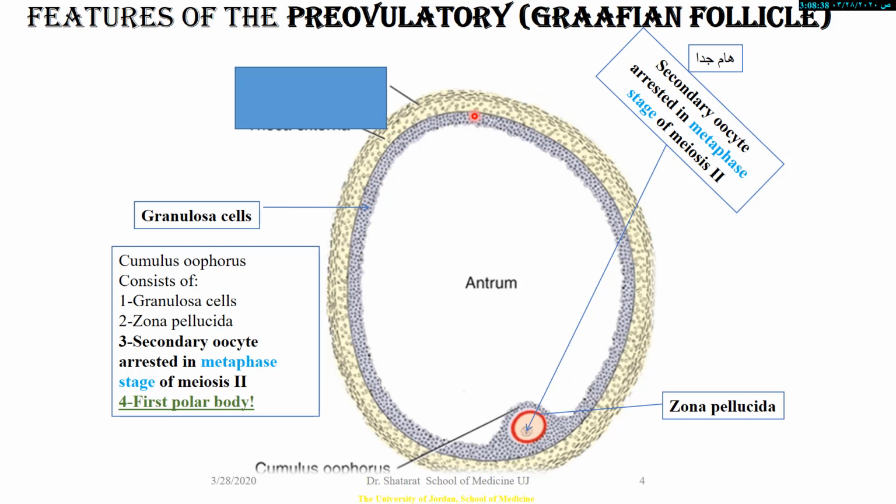So the changes were all about the follicle itself, the wall and the thickness, antrum, and etc. And we have reached this Graafian follicle, which contains the oocyte, and the oocyte just finished its meiosis 1.